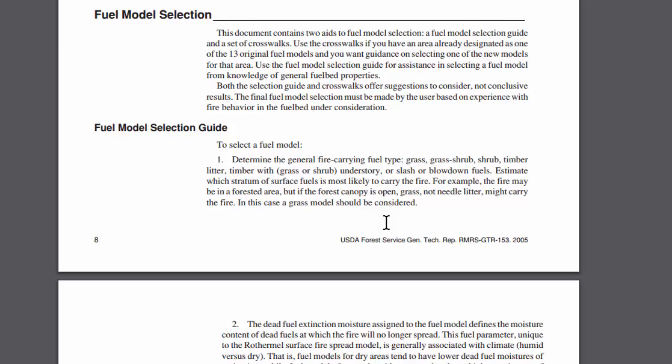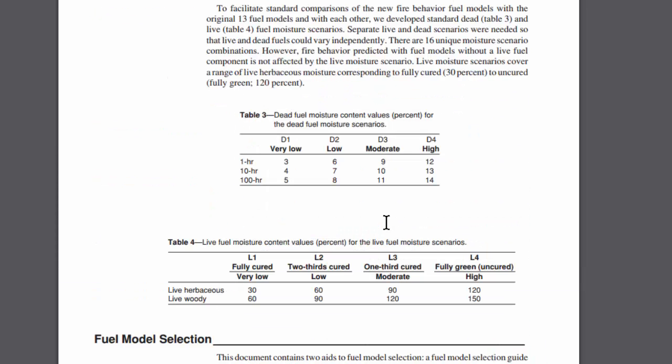So on page 8, you can see that we have a table here for your very low fuel moistures, low, moderate, and high for your 1, 10, and 100 hours. And then you also have estimates for your live woody and live herbaceous. So you could just use these canned fuel moistures, but we'll use ones that are more specific to our site.